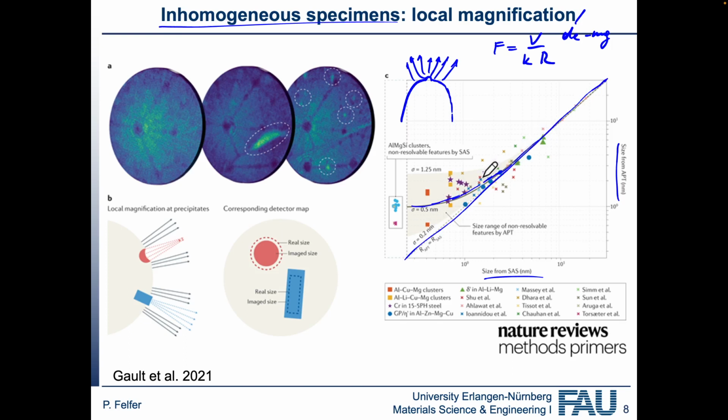Of course, this is very specific: the size in atom probe is a little bit larger than observed in small angle scattering. But depending on what objects we're looking at, it could also go the other way around. What that just means is the smaller the object is, the more severe the effect becomes, because the more radius difference I will need to accommodate the local increase in field. And of course, eventually the precipitate is going to be so large that it's the entire tip, and then there is no difference anymore to be had.